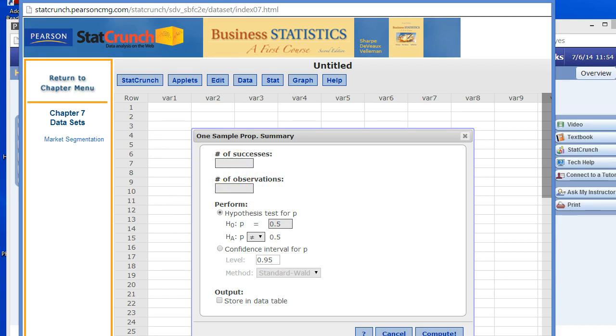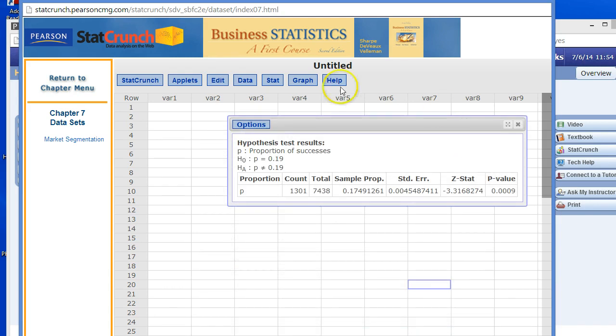The number of successes we type in as 1301, and also the total number of observations, 7438. The p-value in this case is 0.19, and the alternative hypothesis is that p is not equal to 0.19. Then you hit compute and it spits out that information.